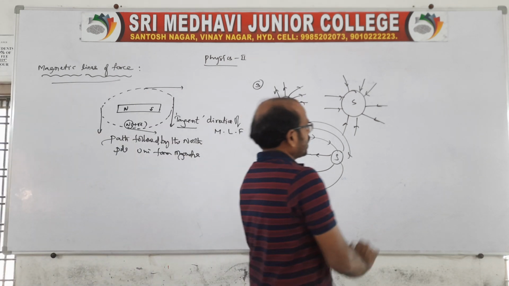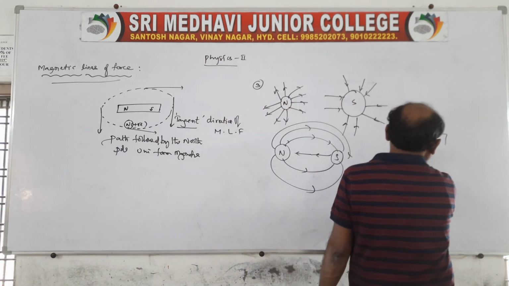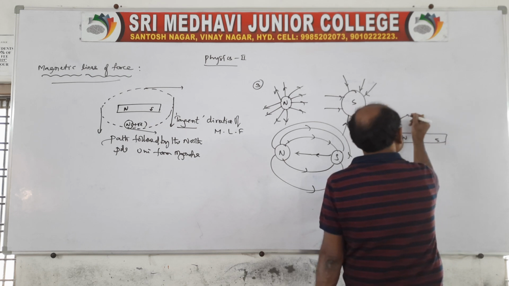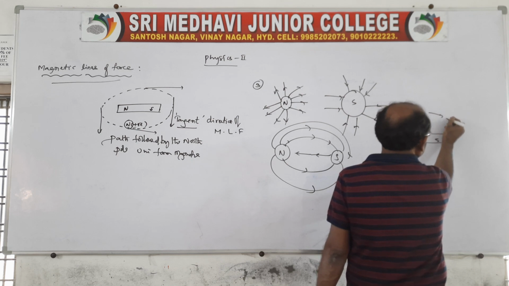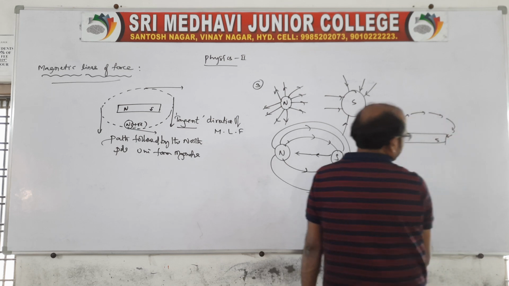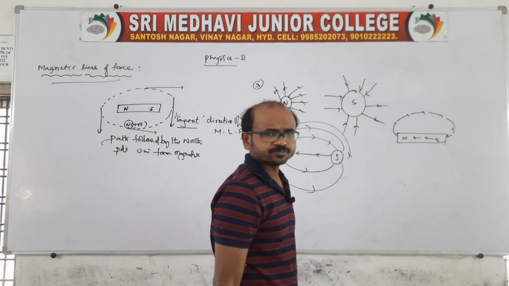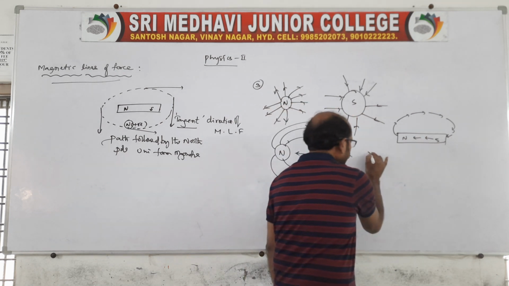And here, outside the magnet, if you take a bar magnet, north south, the lines of force go from north to south, and inside it is from south to north, which goes like this. So we should write this point very carefully.